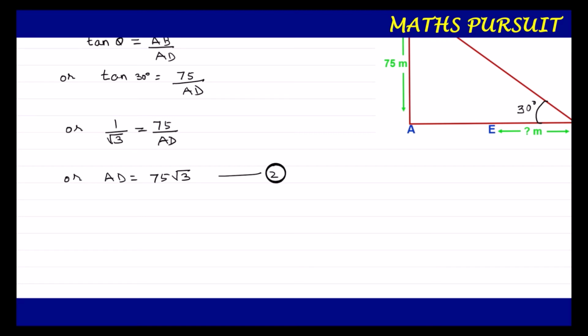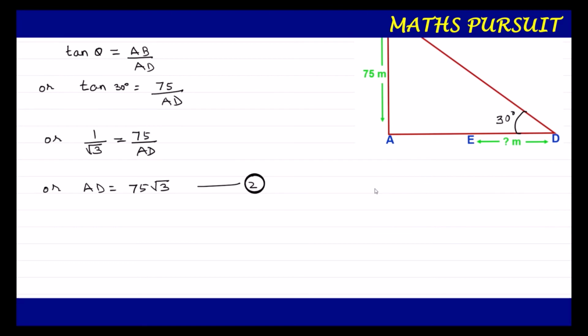Now guys, if you look at the original diagram, you could see that AD is equal to AE plus ED. So I can write AD is equal to AE plus ED.